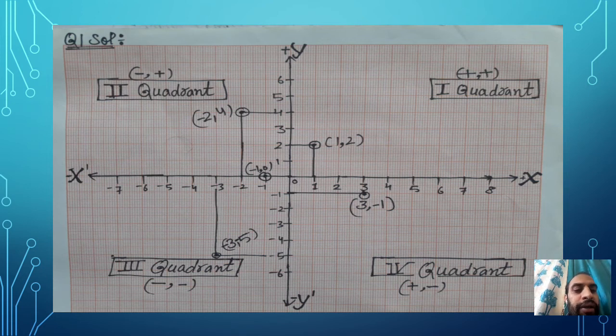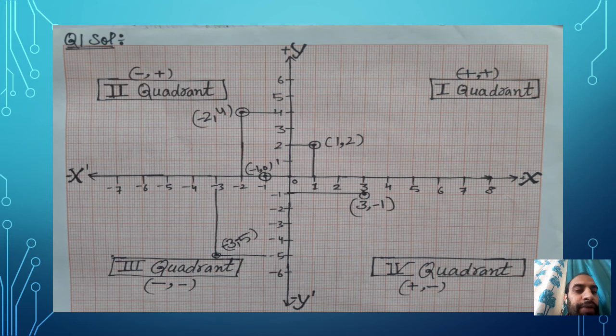Then in quadrant number 3, you can see I have represented the point (-3, -5). That means the first value is from the x-axis, that is -3, start a line from -3, and the second value from -5. Where they meet each other, that point is your (-3, -5). The last point we have is (3, -1).